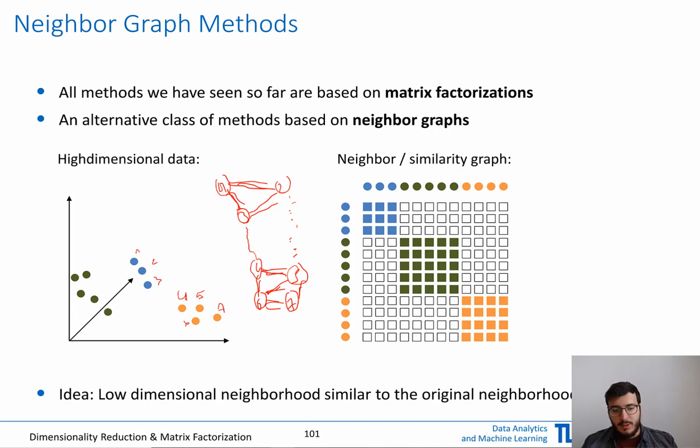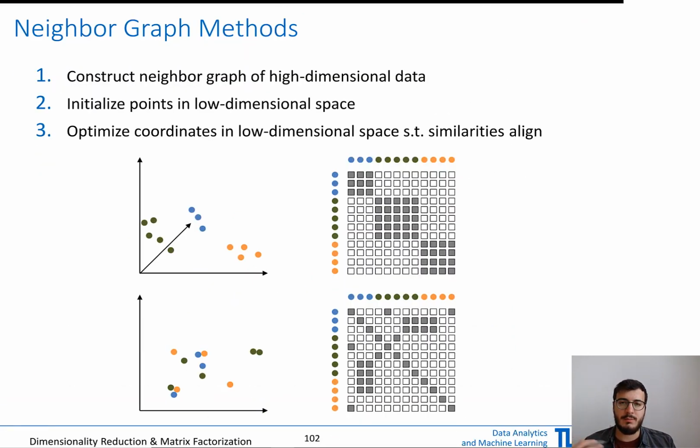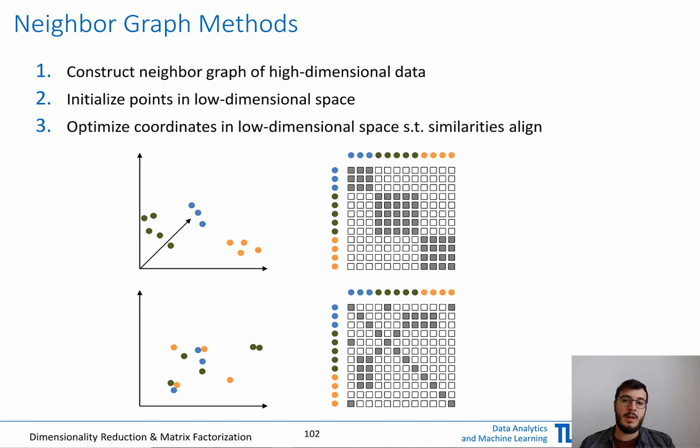So what we want, in other words, if we have a high dimensional space and we build this similarity graph, and then we have a low dimensional space and we build this similarity graph, these two similarity graphs should look similar to each other. Let me illustrate that a bit better. So we start with high dimensional data. In this case, this will be the high dimensional data.